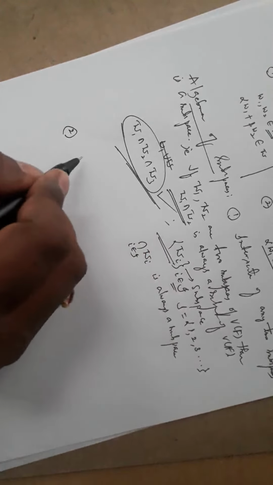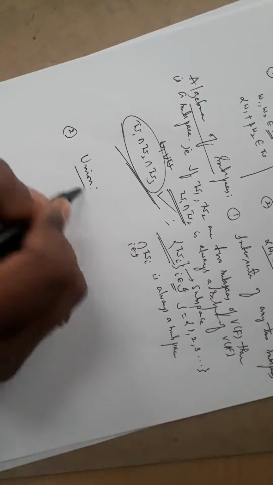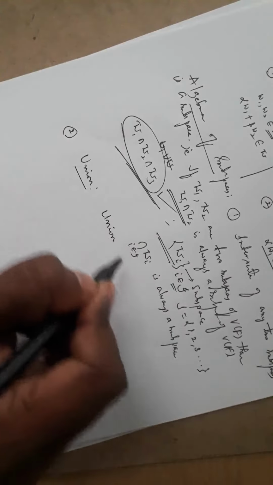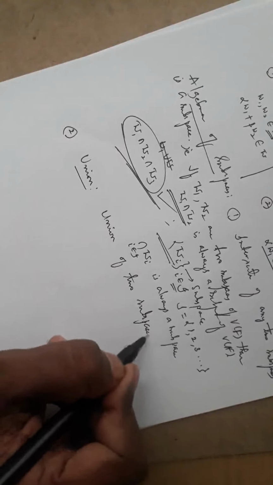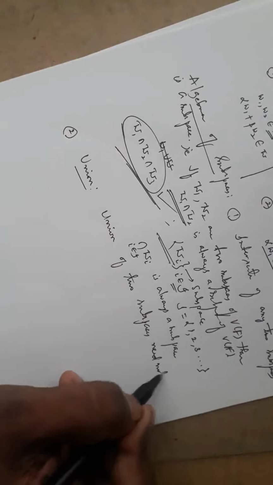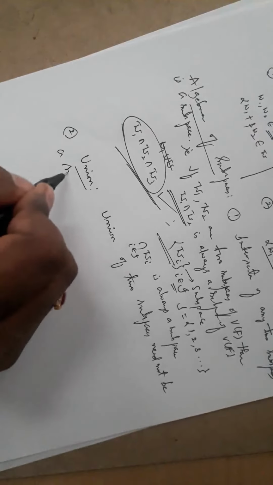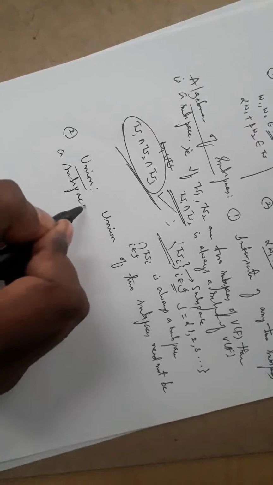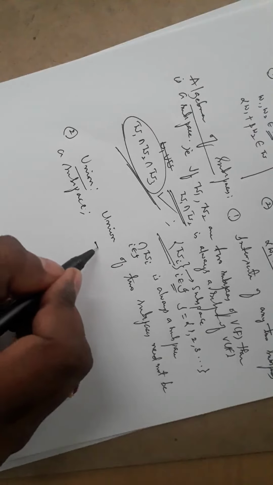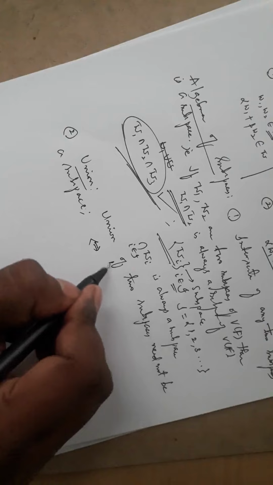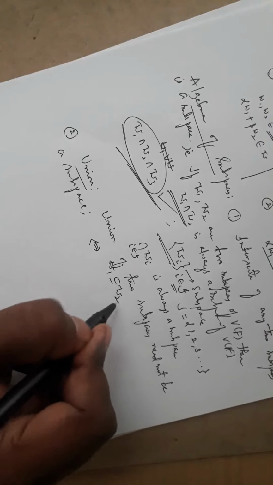Second thing is, what can you say about union? Union of two subspaces need not be a subspace, but it will be a subspace if and only if one is contained in the other.